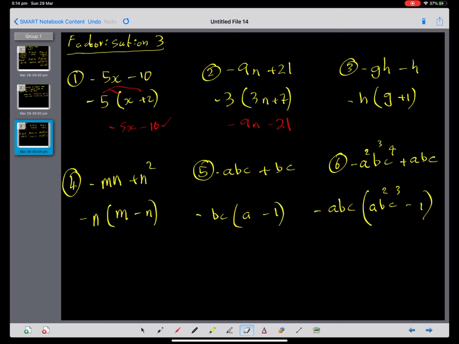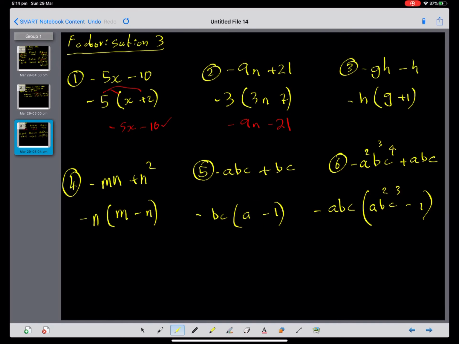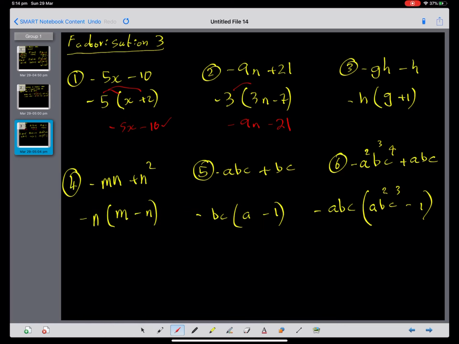That should definitely be a negative. Okay, it just goes to show how important it is to do the expansions. So we got negative 9n, positive 21.